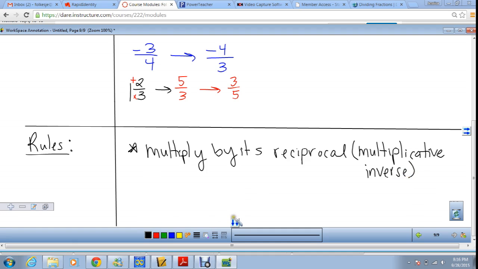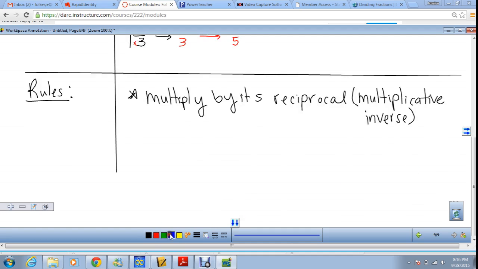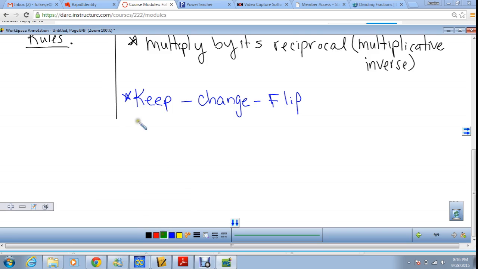You all know it as keep, change, flip, so we could write that down. Now you also have to keep in mind that you have to follow your integer rules.